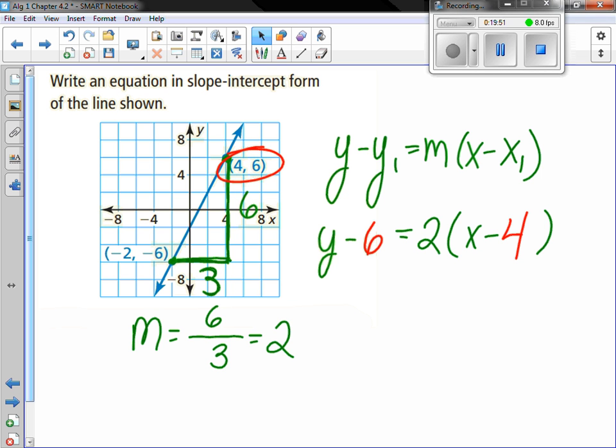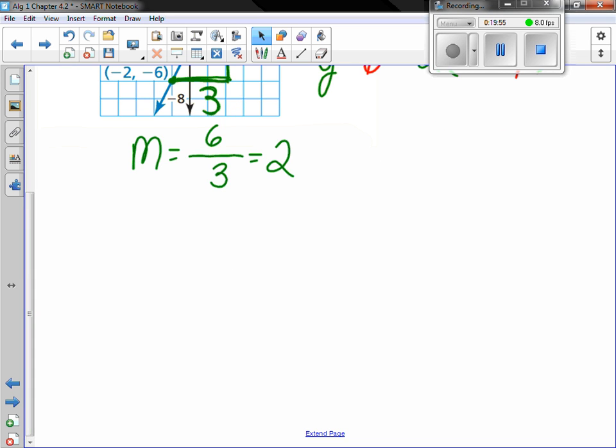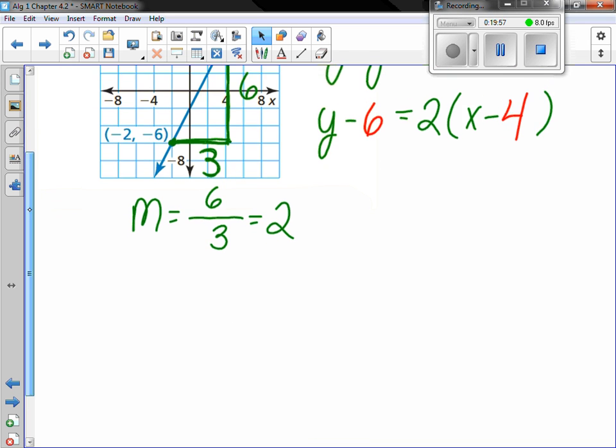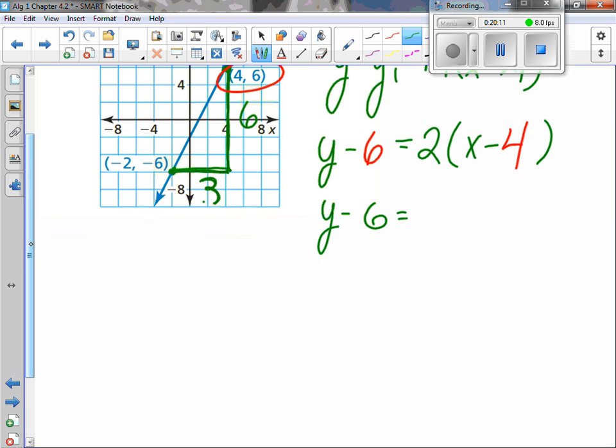Now we want this in y equals mx plus b form. We want to get the value of y by itself. So to get the value of y by itself, first, I'm going to have to multiply the 2. I need to simplify those parentheses, because it's going to be easier to work with.